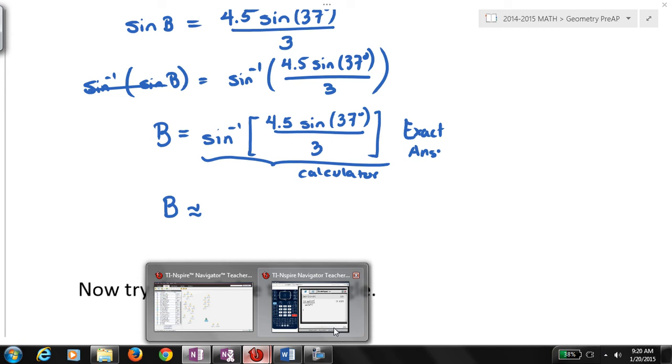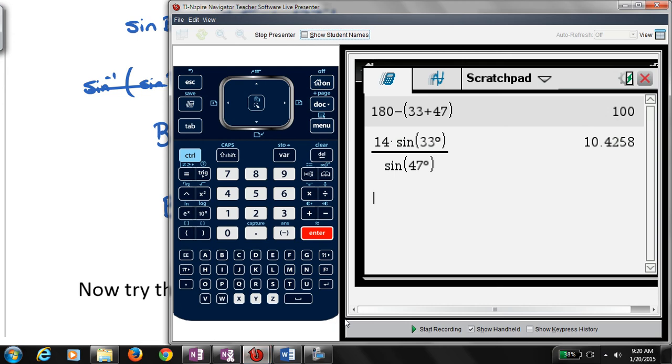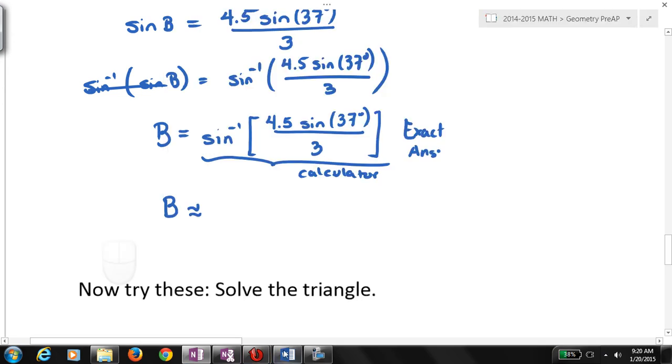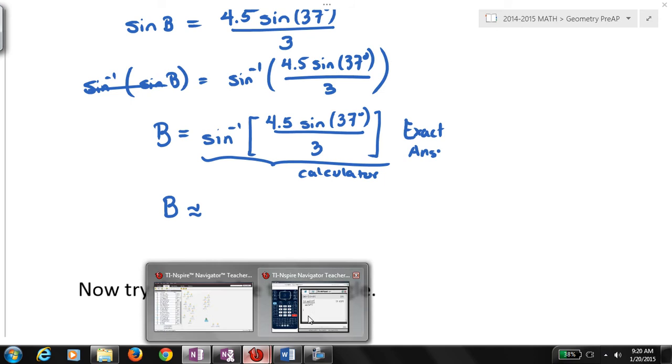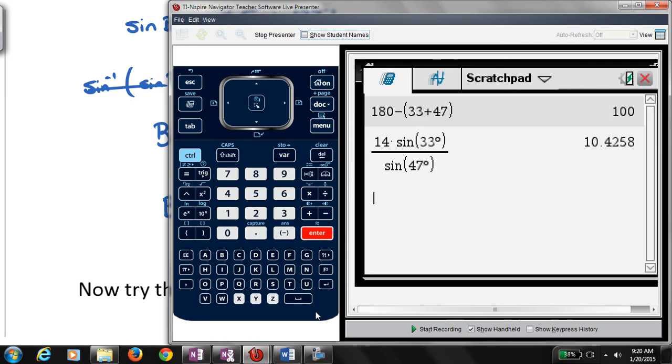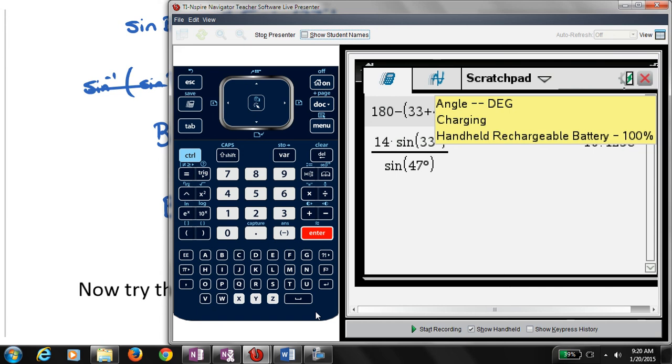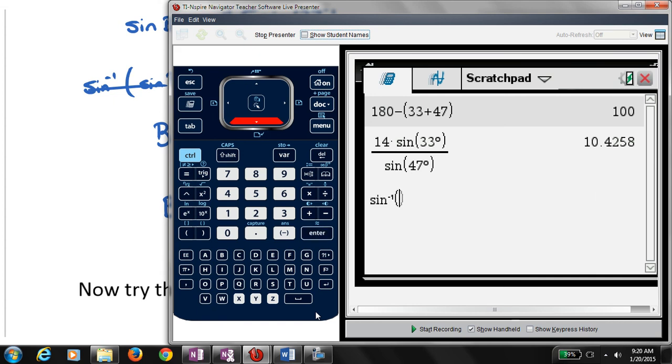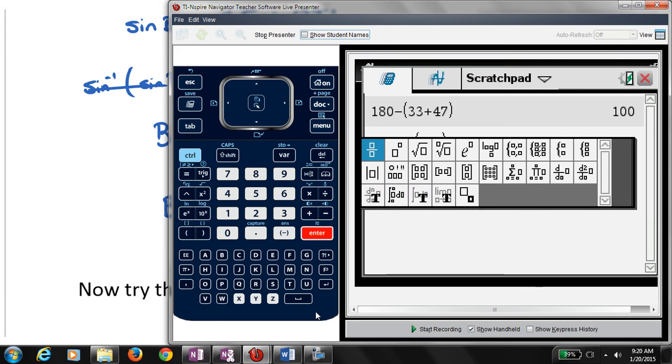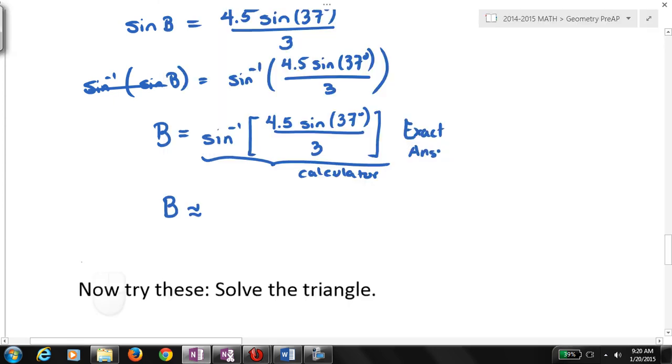So I would go to my calculator, sine inverse. Now this one, you do have to make sure that the calculator is in degrees, not radians. Okay, so I'm going to click up here. This does say degree right there. So I'm going to calculate this: sine inverse of 4.5 times sine of 37.